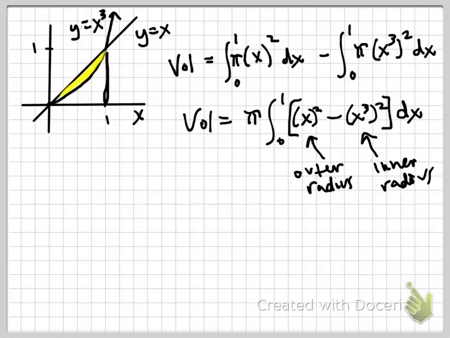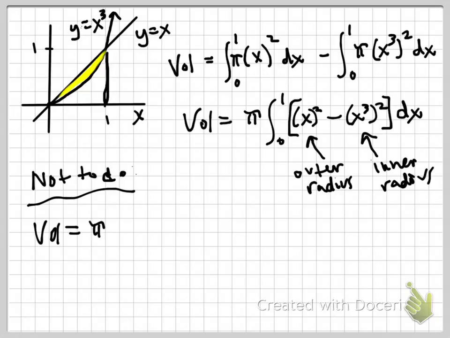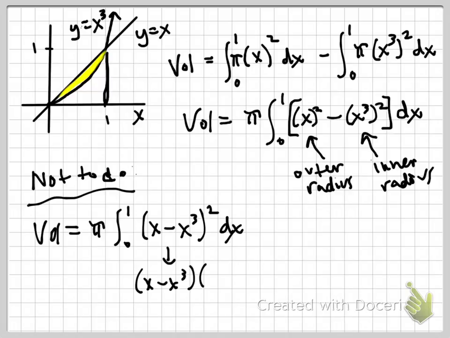Because as we would see, this is what not to do: if we were to do volume equal to pi times the integral from 0 to 1 of x minus x cubed, squared, we would have to square this binomial, and that is not going to be equal to x squared minus x to the 6th.